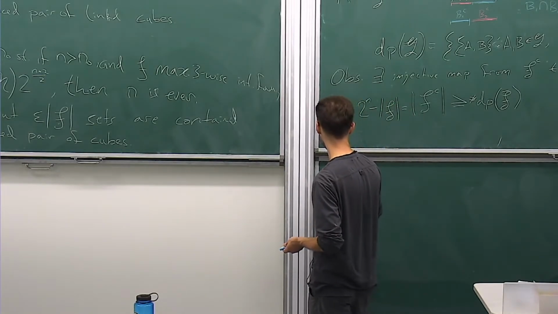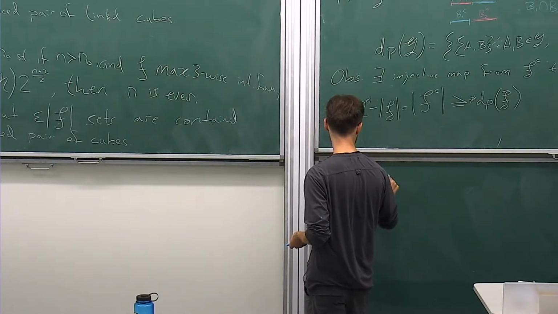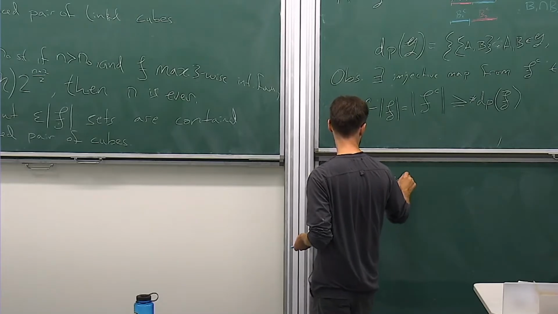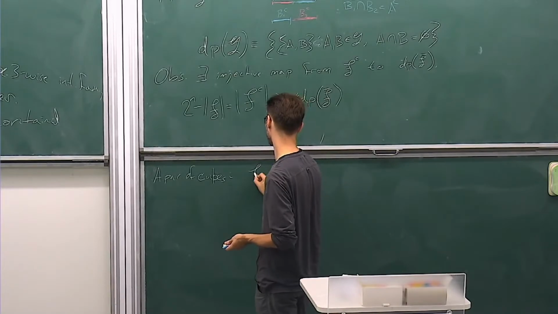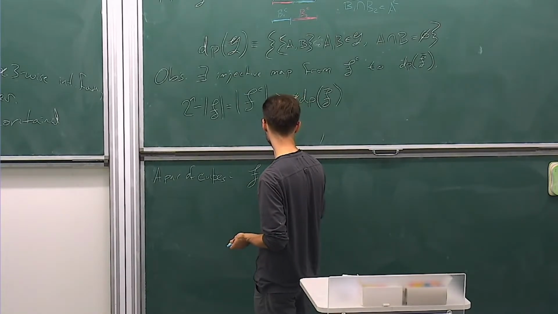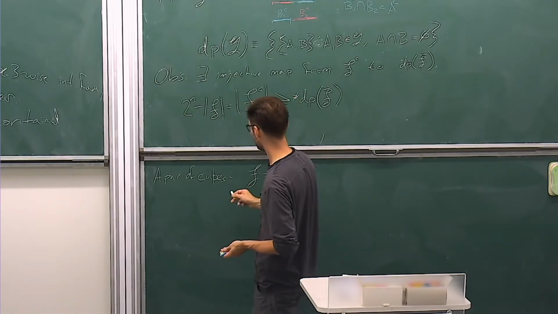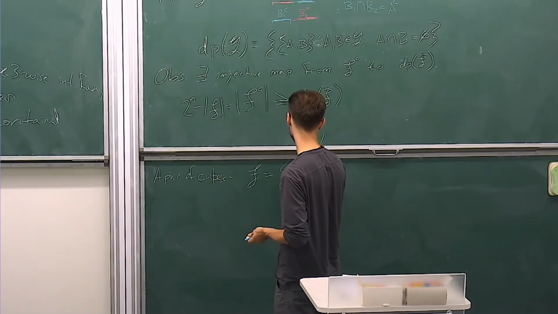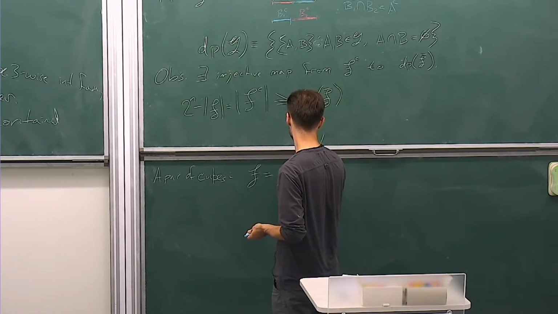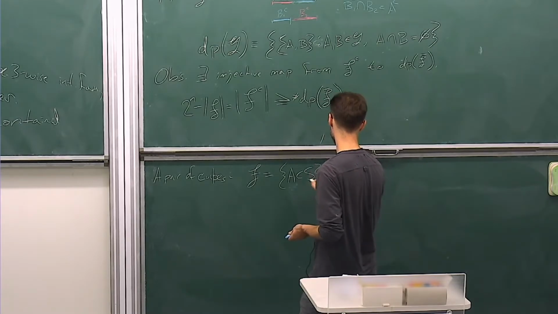So a pair of cubes are the sets F equal to, we have some sets, let's call it A, the sets S contained in A or S contained in A complement.